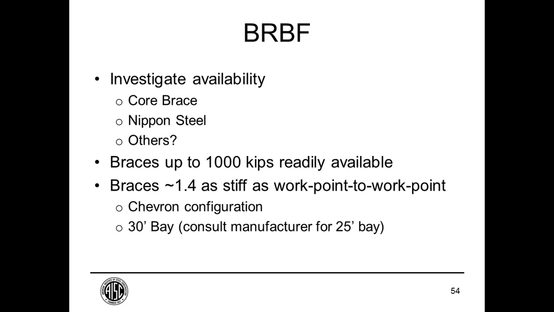So it's a non-prismatic element. So if your model has a prismatic element of 5 square inches, the right stiffness to put for that prismatic element is approximately 1.4 times that 5 square inches, just to reflect the non-prismatic nature of the brace.